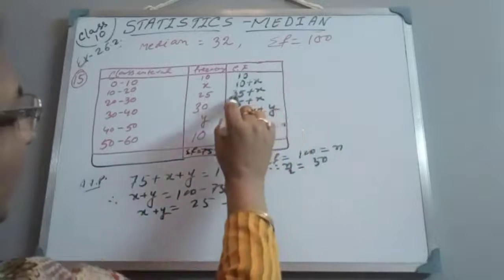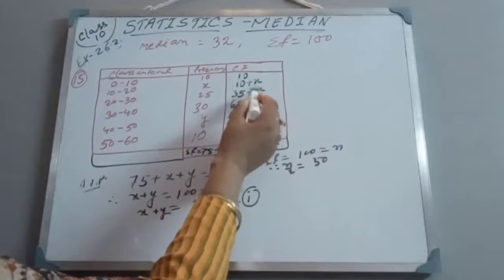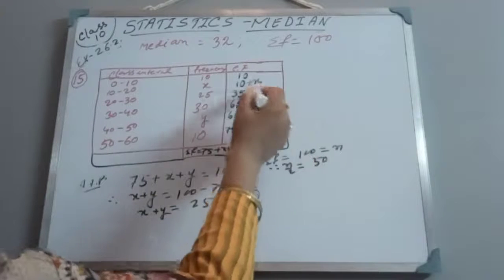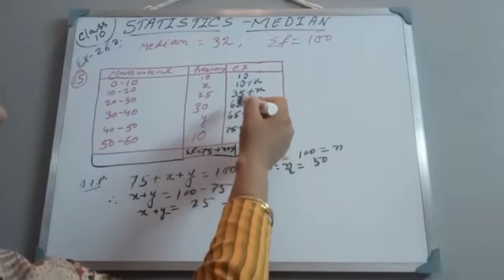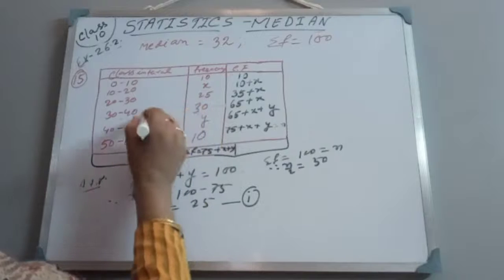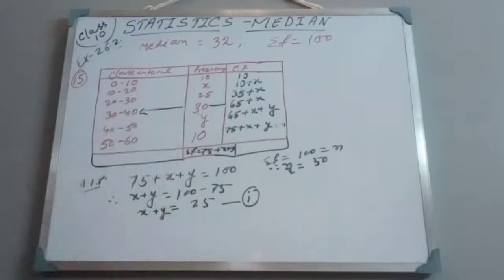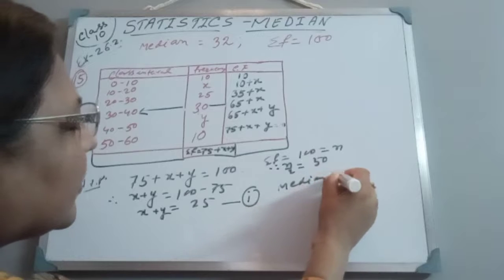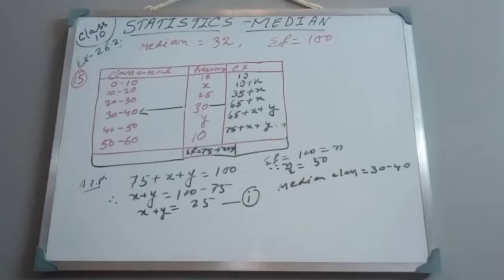Where is 50? 35 plus x we cannot take because we don't know the value of x; after adding it to 35 it may not be 50. So we cannot take this value. We will take the next value, 65, which is already existing. So 50 should be there, so this will be the median class. 30 to 40 is the median class.